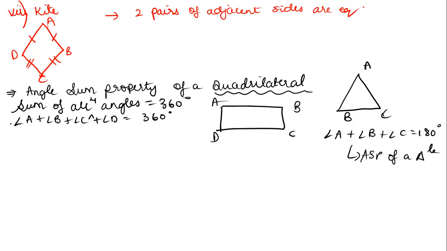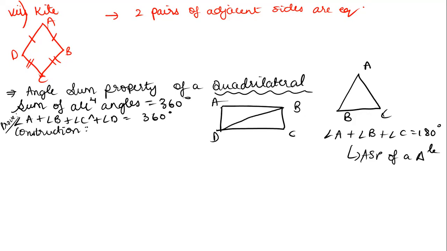So first, let us write what we have to prove. What we have to prove? We have to prove that angle A plus angle B plus angle C plus angle D is equal to 360 degrees, right? And for this, we're going to do a small construction. What we are going to do, we are going to join BD.